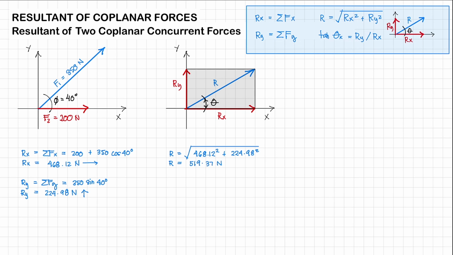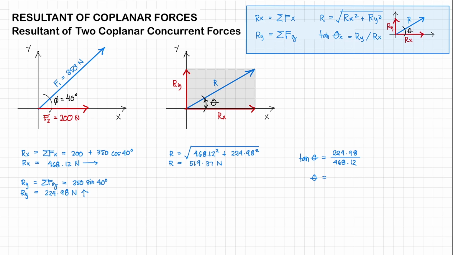Next, to solve for angle theta, tangent theta is equal to our Ry over Rx, which is 224.98 divided by 468.12. Now you could solve this in your calculators by using shift solve, or we could further simplify this.